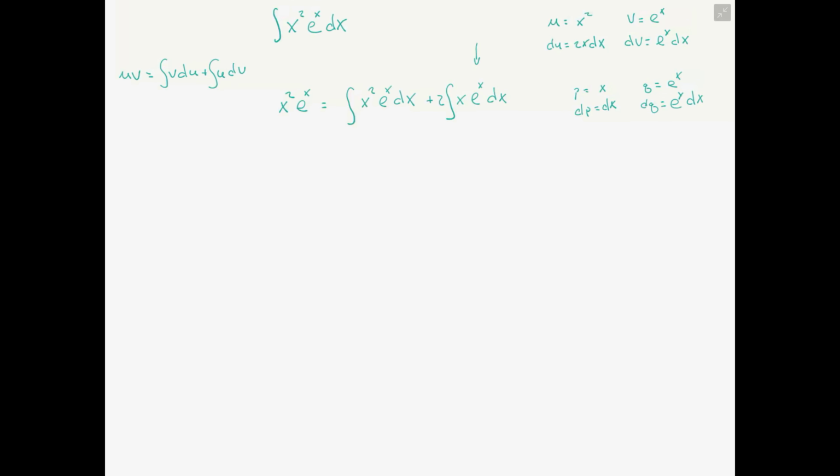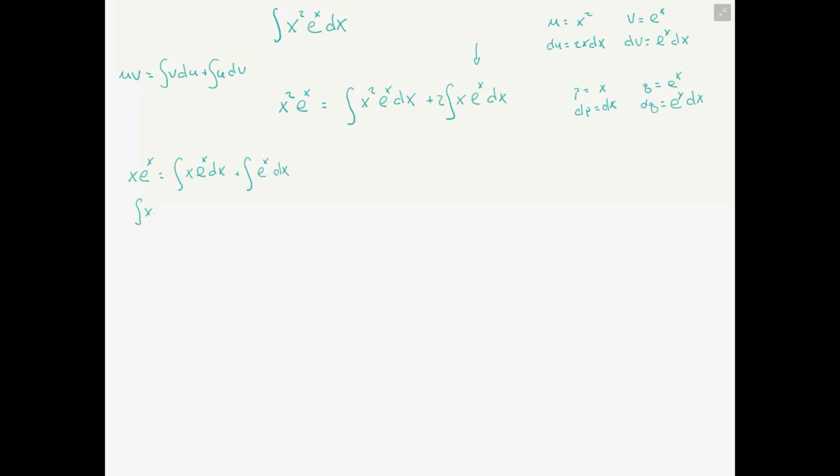And so if we go to the side here and evaluate, we get x e to the x, and that would be equal to ∫x e to the x dx plus ∫e to the x dx.